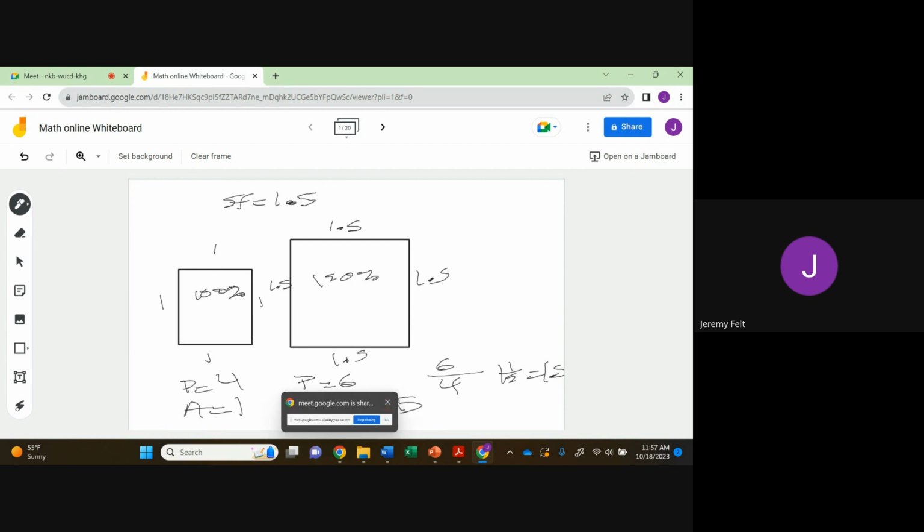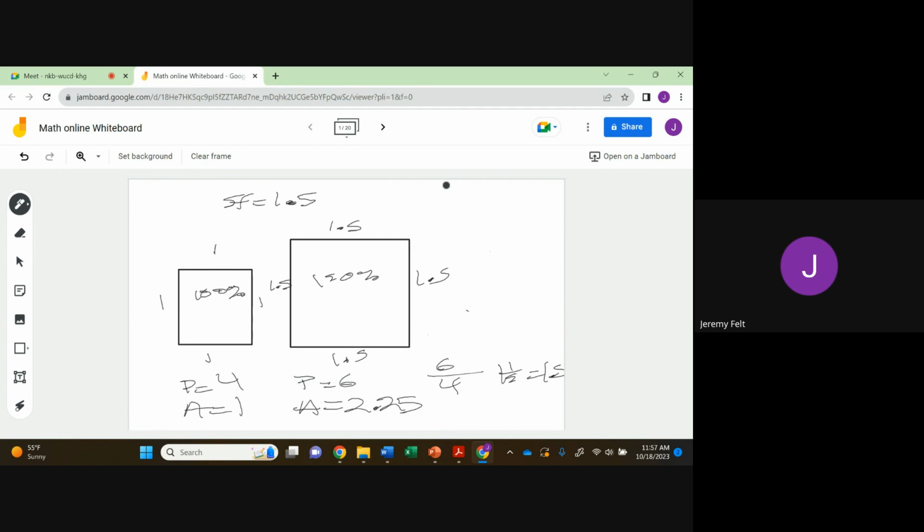Or if we go back to our original, where we were working with percents: 150% we converted to 1.5.